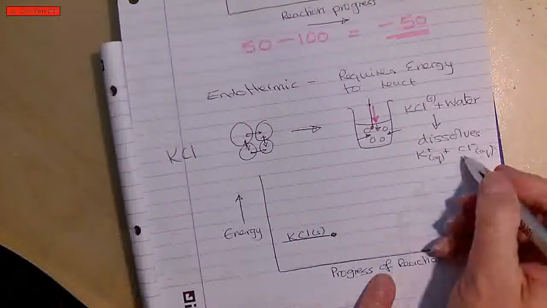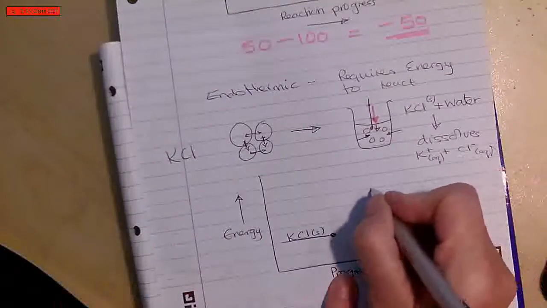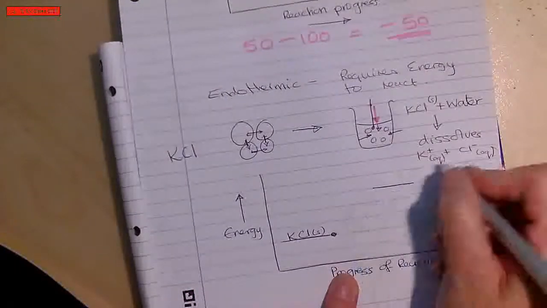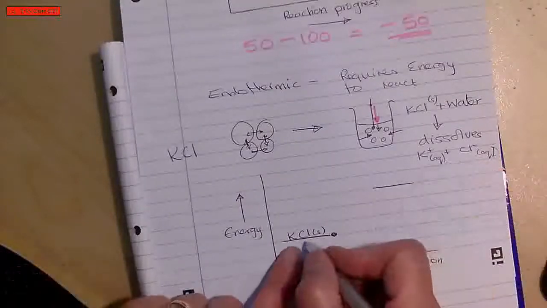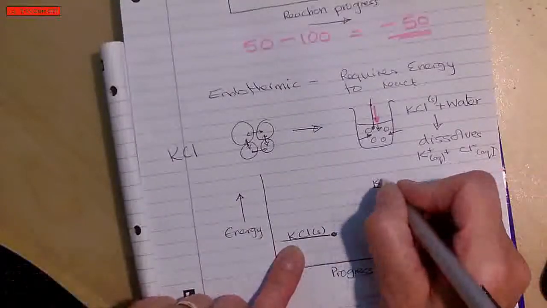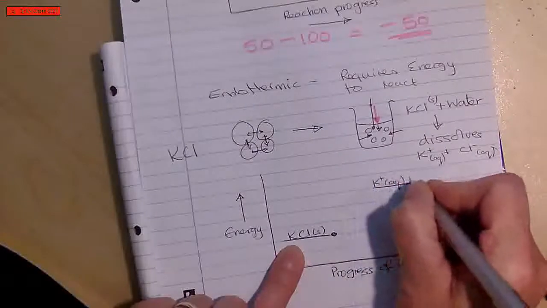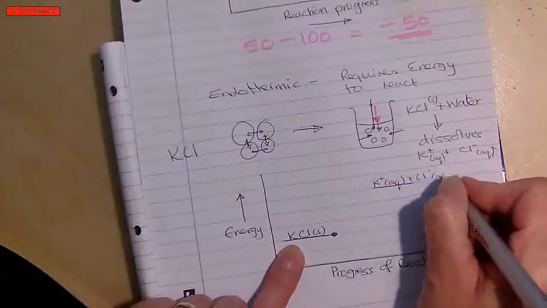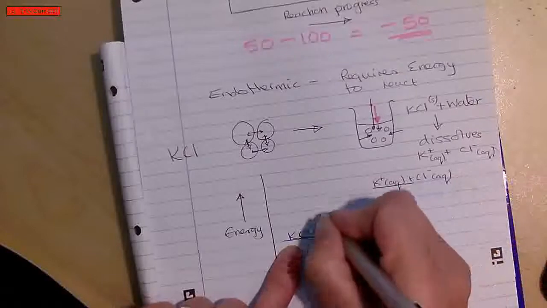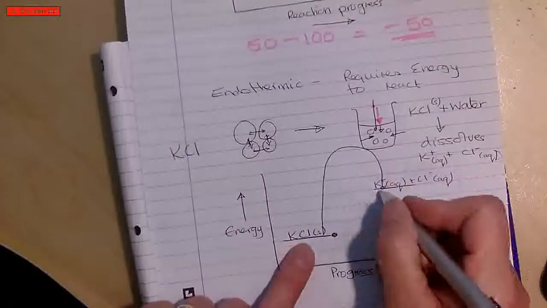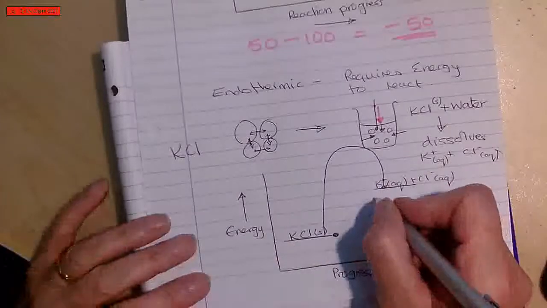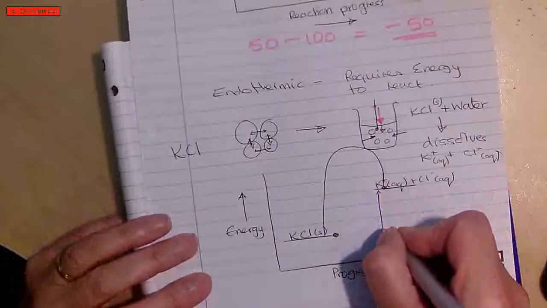Now, we're having to put energy in to break these bonds, so actually the final particles have more energy now than these did. So the potassium and chloride ions have more energy, so it's taken a lot more energy to go from here to here, so we're putting energy in.